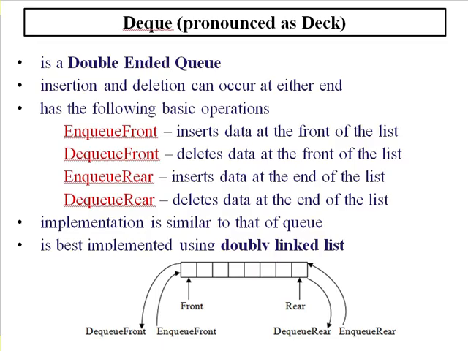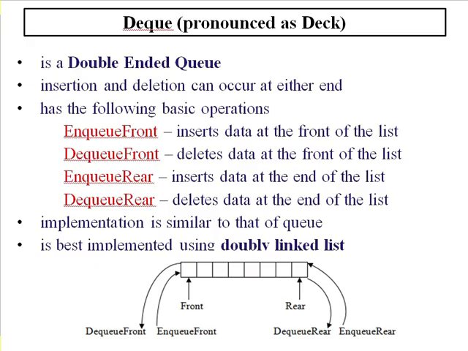From the rear side, it is possible to enqueue as well as dequeue an element. And it is also possible to enqueue from the front and dequeue from the front. So four possible operations can be applied on a deque. The insertion and deletion operations can occur at either of the ends.